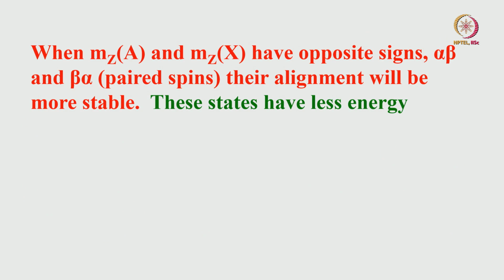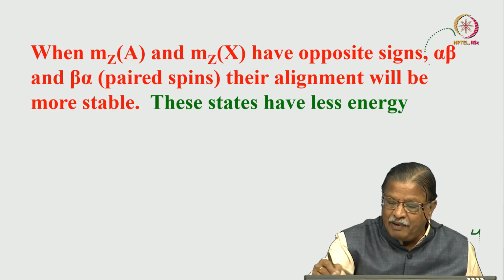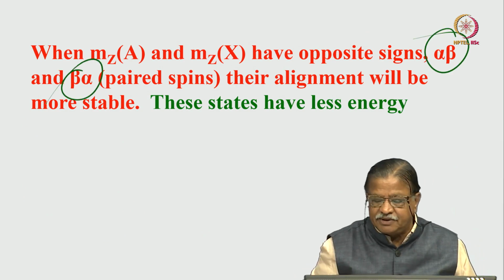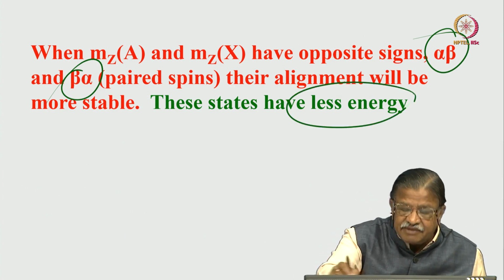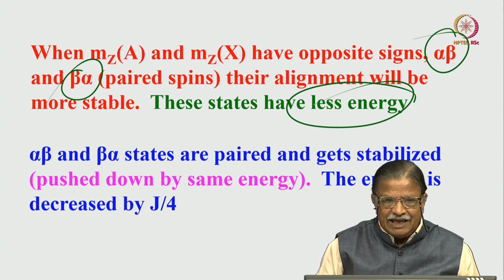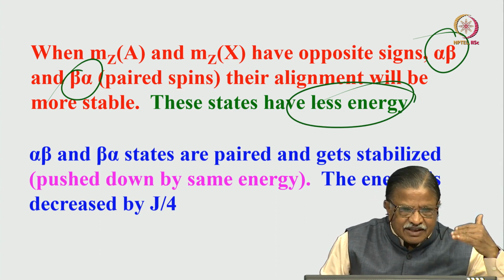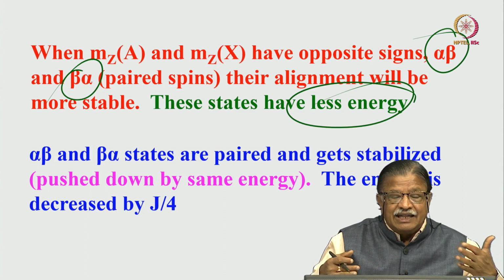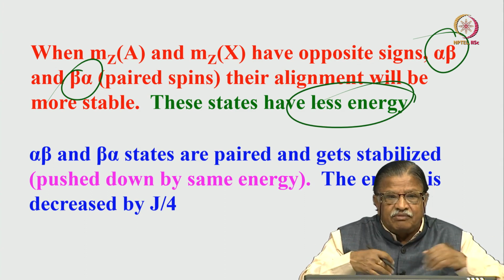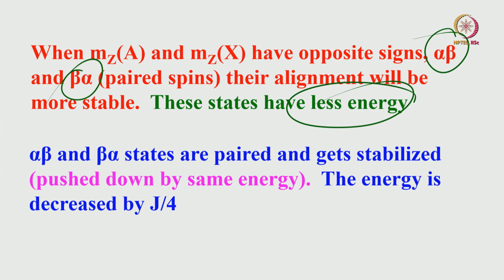Now we consider the situation where it is paired, alpha beta and beta alpha, they are paired spins. Their alignment will be more stable, so they have less energy. Then obviously, if you consider the states alpha beta and beta alpha, they get stabilized and the energy comes down, their energy is decreased by J by 4.